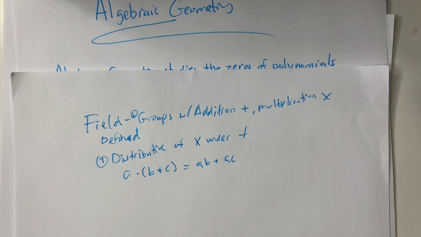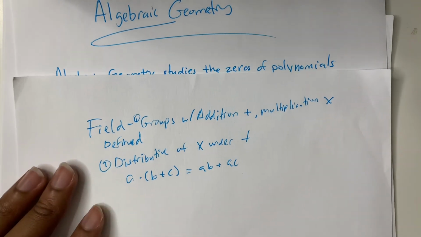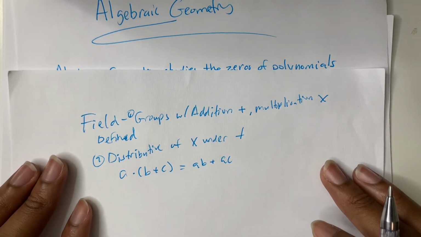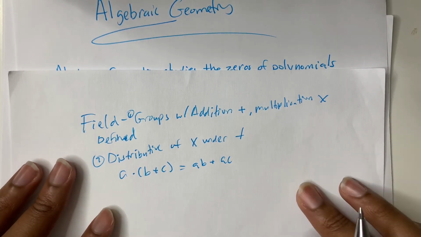And they have the identity element for addition, which is going to be 0, of course. The real numbers are also distributive of multiplication under addition. So real numbers are a field. That's an example of a field.